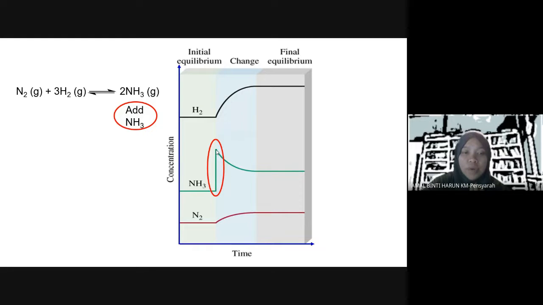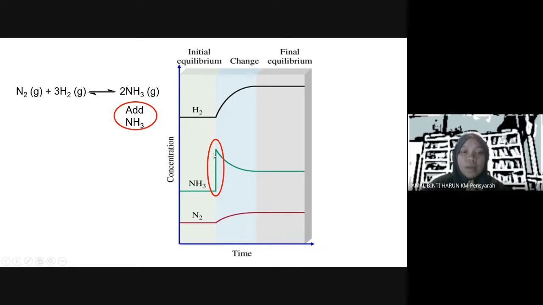Therefore, the ammonia is converted to nitrogen and hydrogen. So the concentration of ammonia will decrease until certain time until the concentration of ammonia constant. That means at this point, bila dia dah constant, dia dah start reach equilibrium.